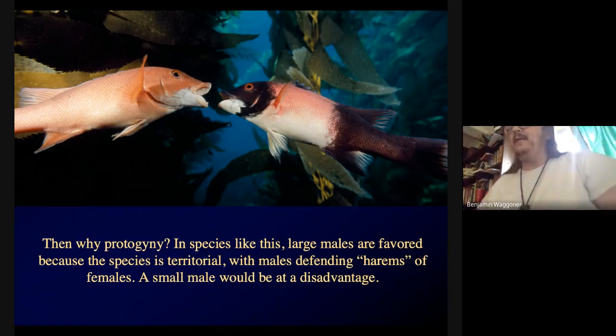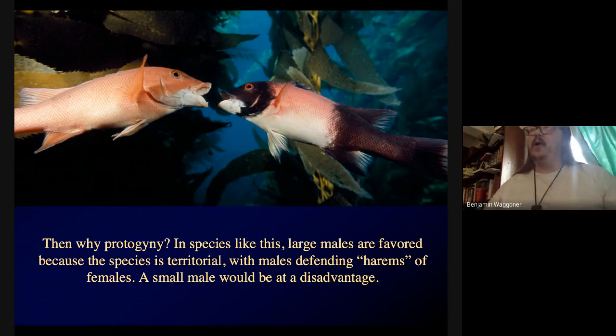So a small male can produce all the sperm he wants to, but he's not going to mate at all. And in a species like this, your chances of reproducing are better if you produce eggs when you're small, and then wait to build up your body size and grow large, and do those Charles Atlas exercises and build up those muscles to challenge the bully on the beach, and then switch over to being male.